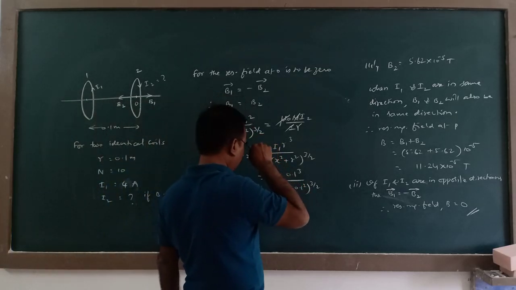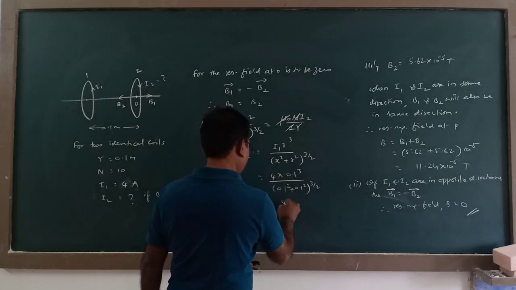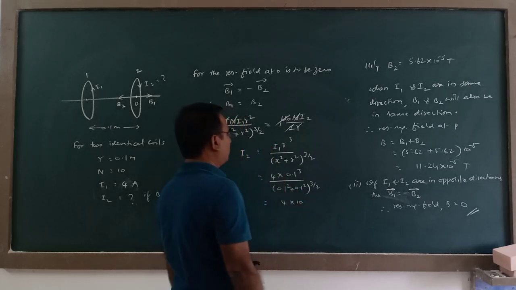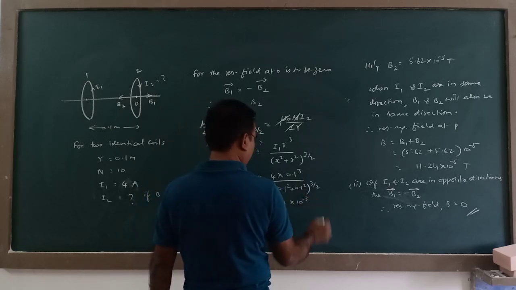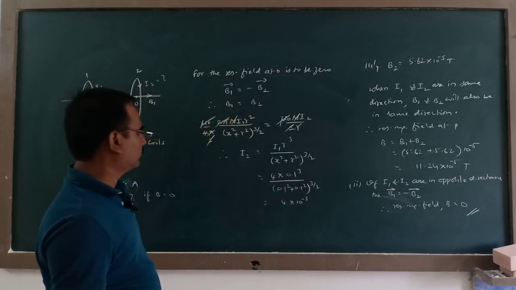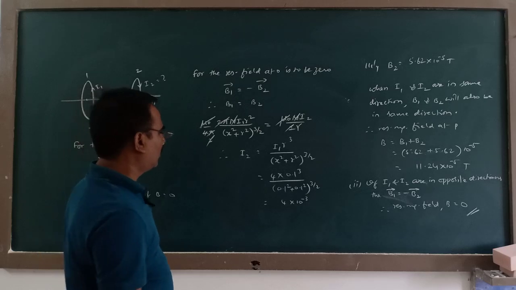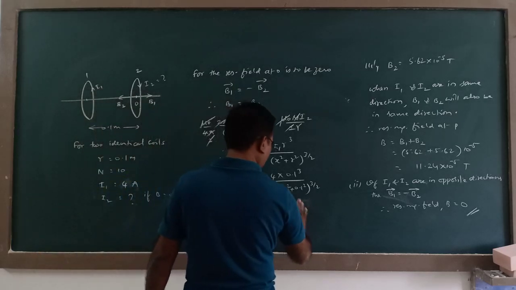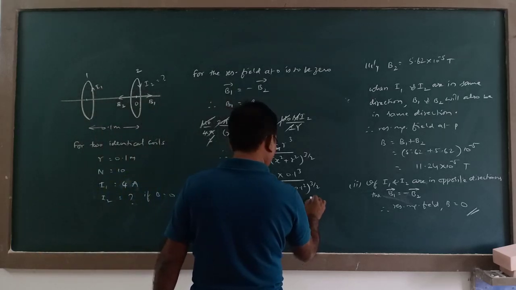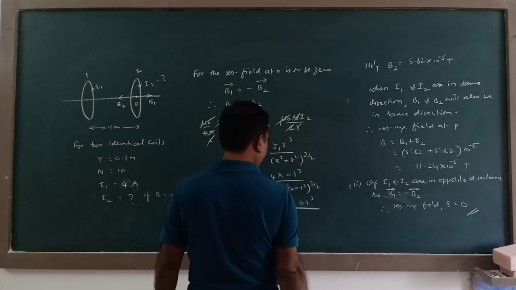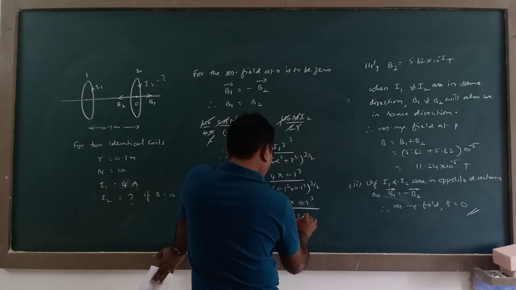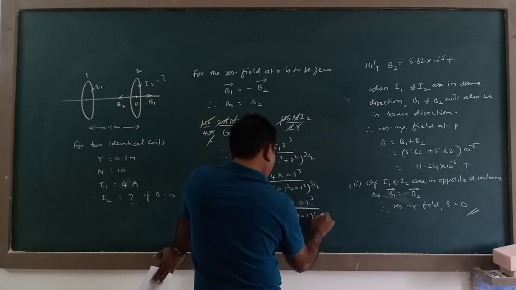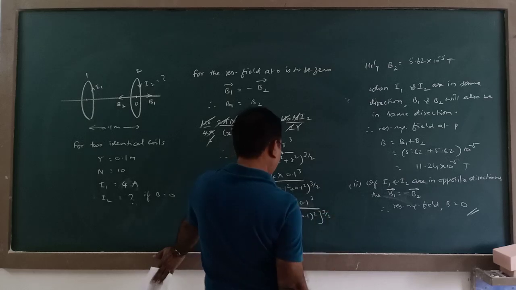So 4 into 0.1 cube, here this is 2 into 0.1 square whole to the power of 3 by 2.